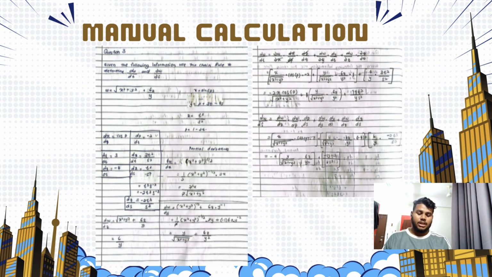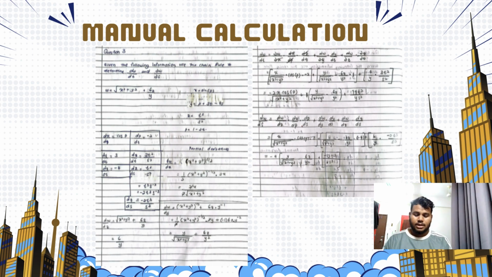So after converting everything, the final answer should be minus 2x cos p over square root of x squared plus y squared, plus y over x squared plus y squared, minus xz over y cubed, close bracket, plus 18t squared over ys squared.